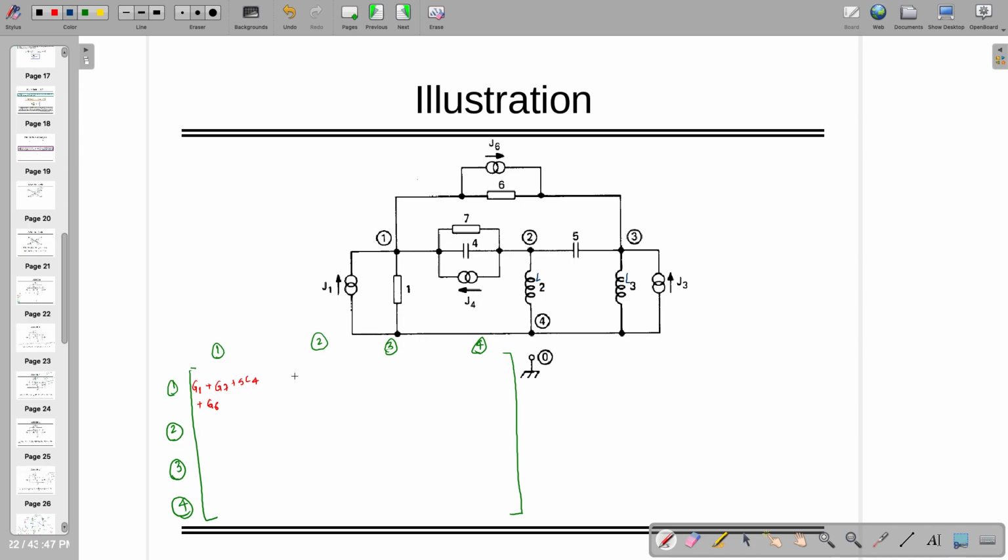Minus SC4 minus G7, right? Done. Y13, 1 to 4, minus G1, right? So similarly, you can fill all other entries.